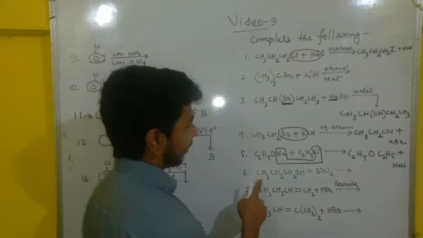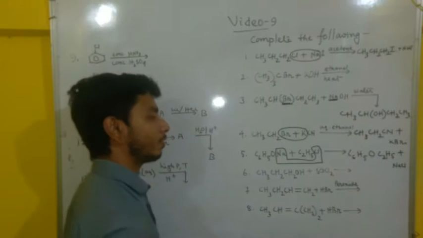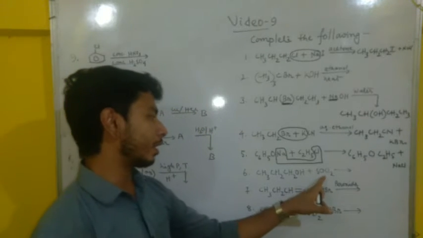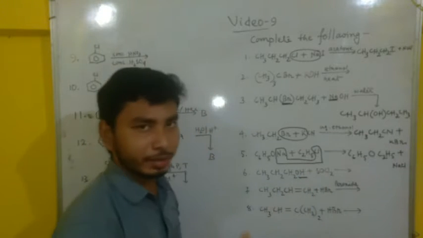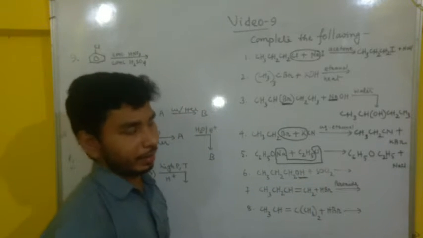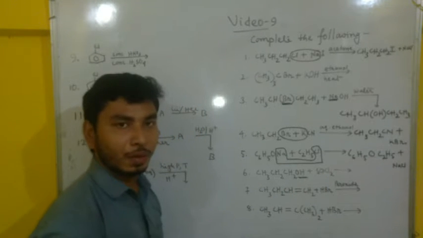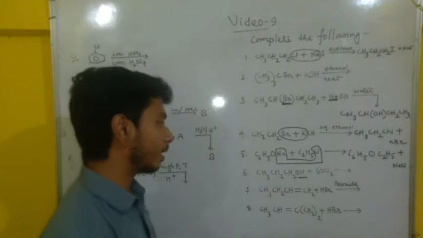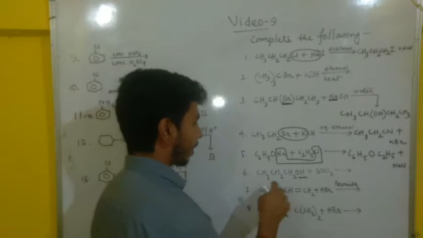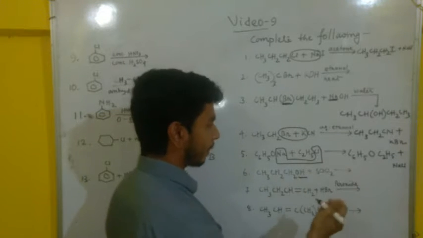Now CH3CH2CH2OH plus SOCl2. If we use SOCl2, or PCl5, or PCl3, then the OH group is substituted by Cl. The product will be CH3CH2CH2, and this OH group will be replaced by Cl.